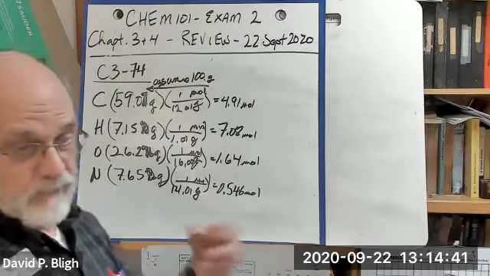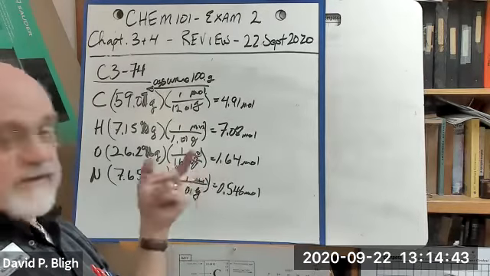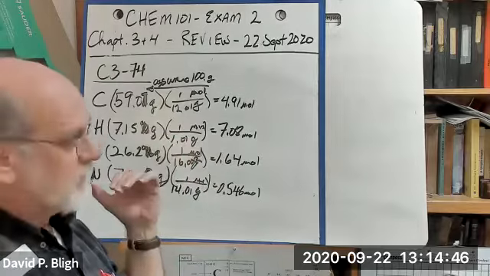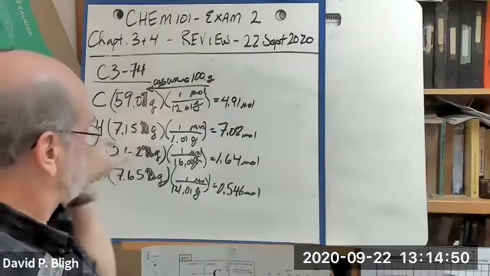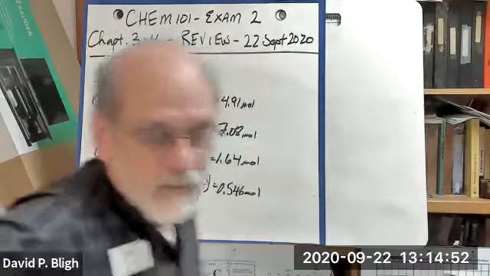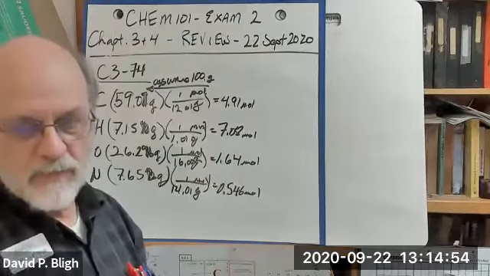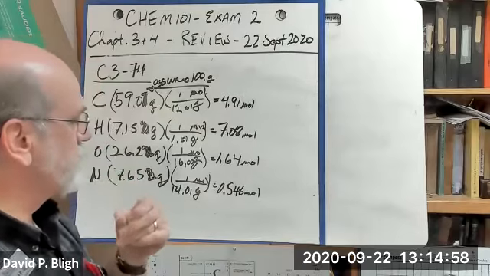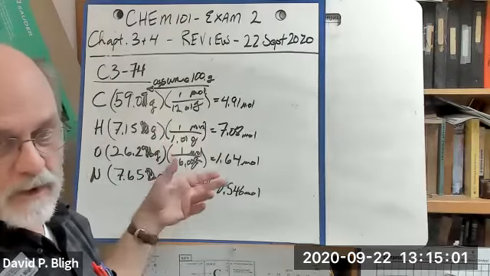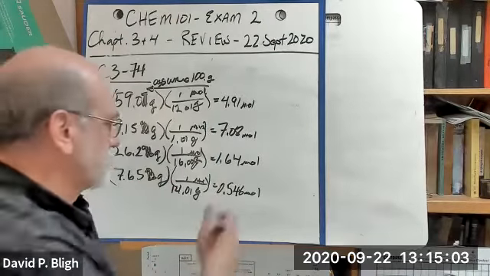Now, next step. This is the ratio of moles of each of the elements in the compound. But they're not whole number ratios. And to get the empirical formula, we need the simplest whole number ratio. So the first thing we do is just take the smallest one and divide everything through by that one.